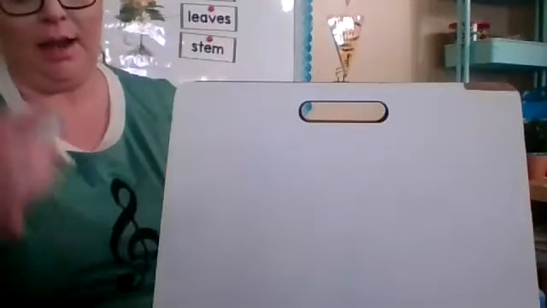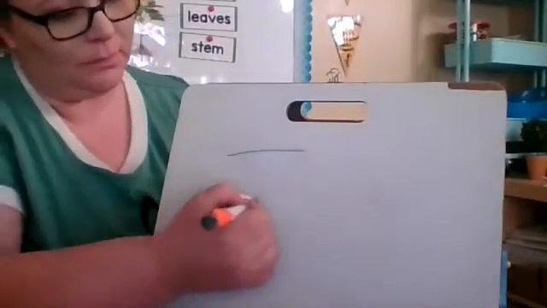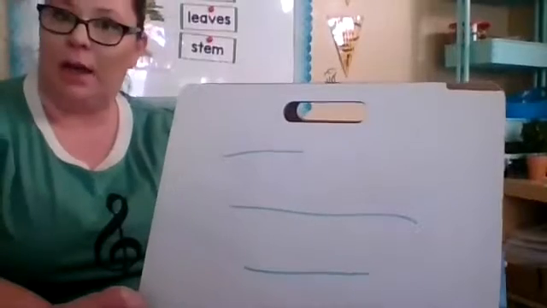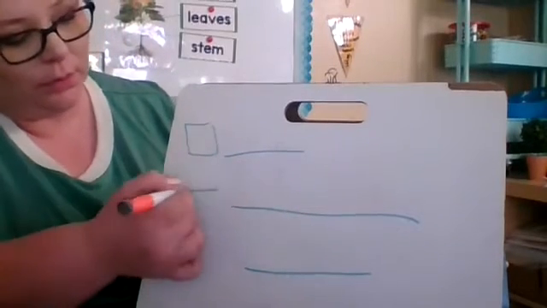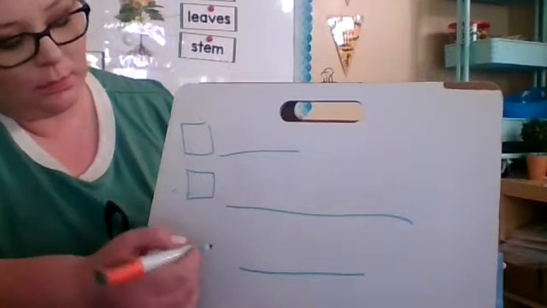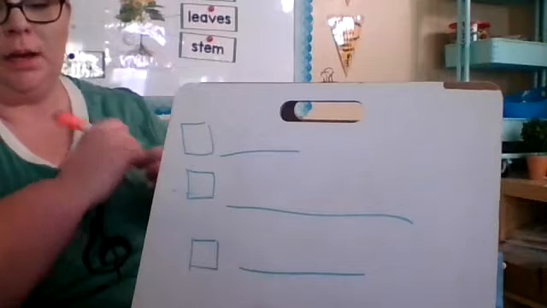So if I have some lines here, how could I rank these? Could I put them in order? How can I compare these?